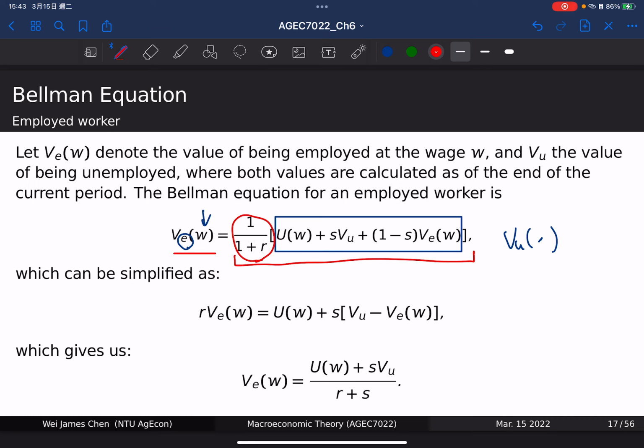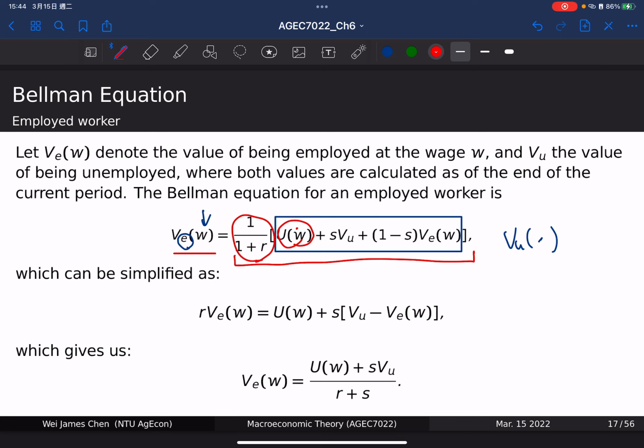So VE of W is actually equal to 1 over 1 plus R times U of W plus S times VU plus 1 minus S times VE of W. Depending on your definition of the timing, for example, if you let the person receive the wage at the beginning of the period, then this term won't be discounted because it is beginning-of-period consumption.